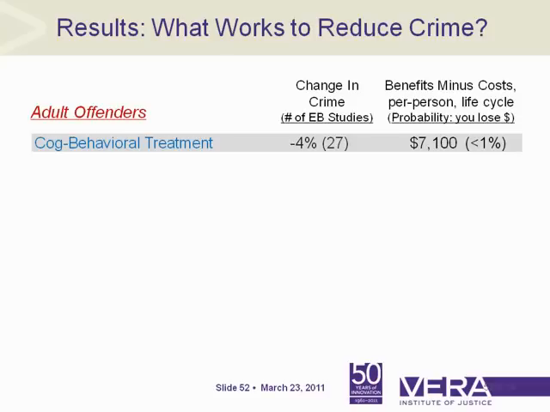Basically the sensitivity analysis varies all sorts of different pieces of information. You have standard error in your effect size, and so you just want to know, given all of these different pieces of error, what's the probability that we might lose money.